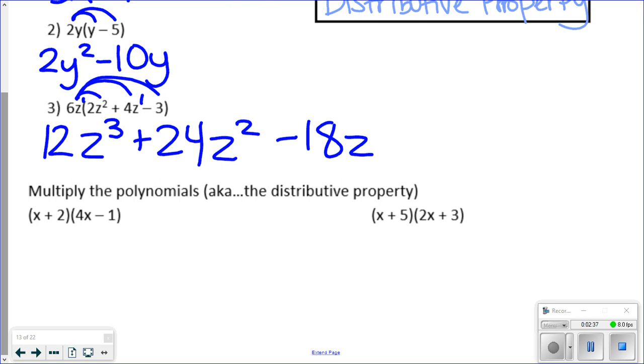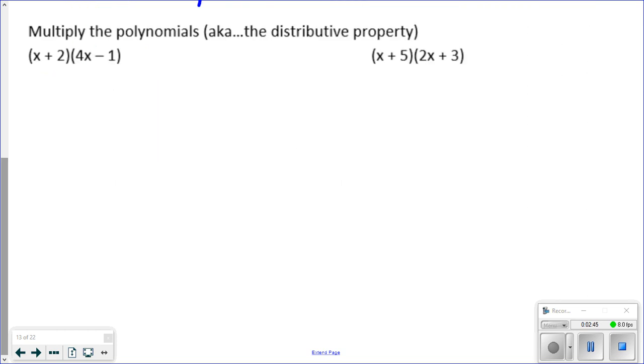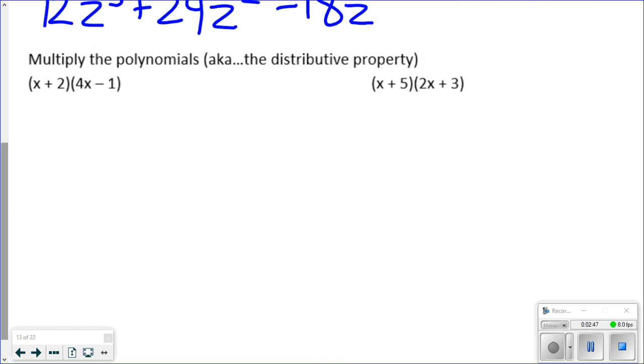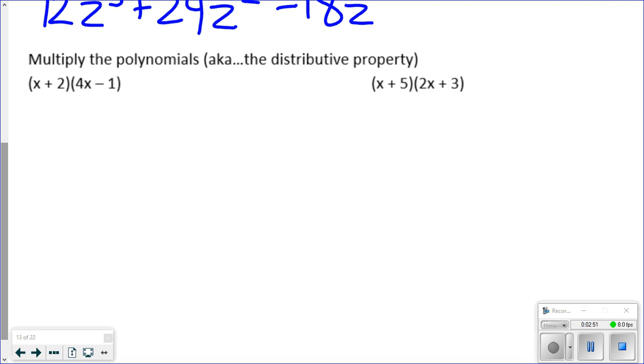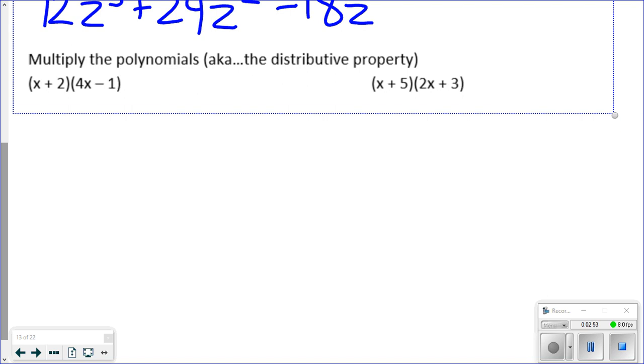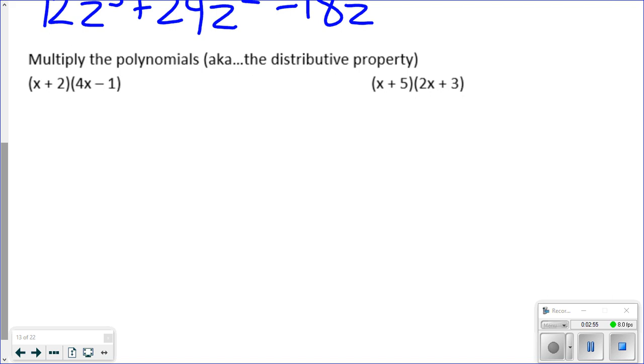Okay, let's write out the distributive property. So what we're going to do here is take the x and distribute it to 4x minus 1. So I'm going to write it out.